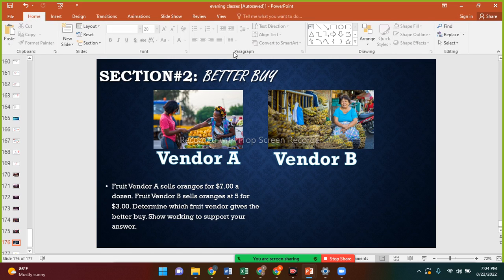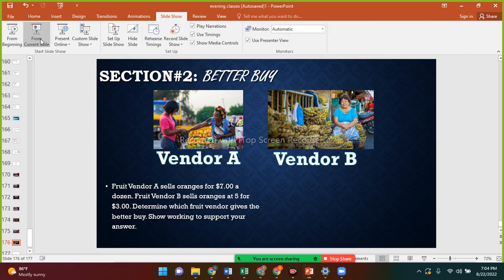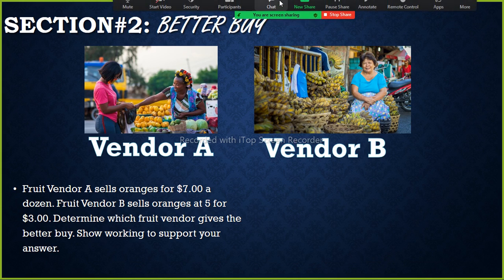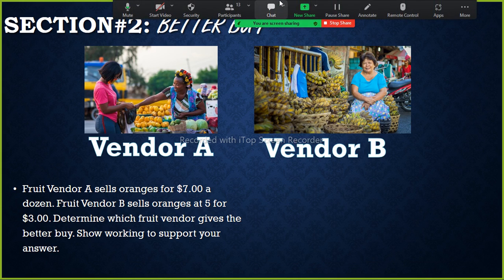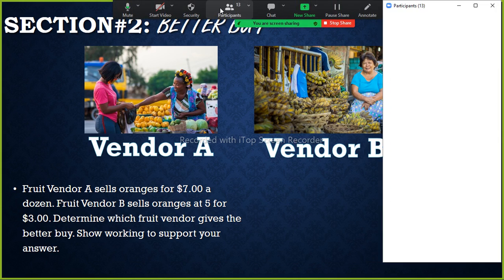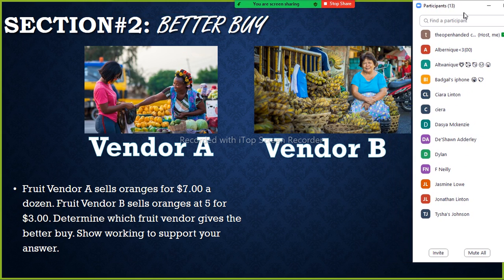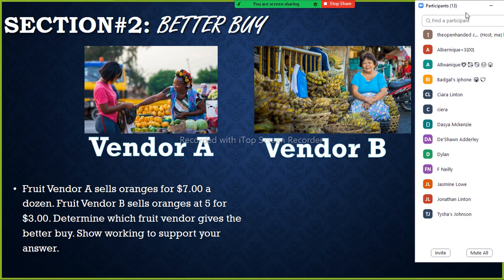Okay, so does anyone have an idea? What do you think it is? You think it's vendor A, vendor B? Who do you think has the better buy? And if you say so, why did you pick that? Anyone you could try.